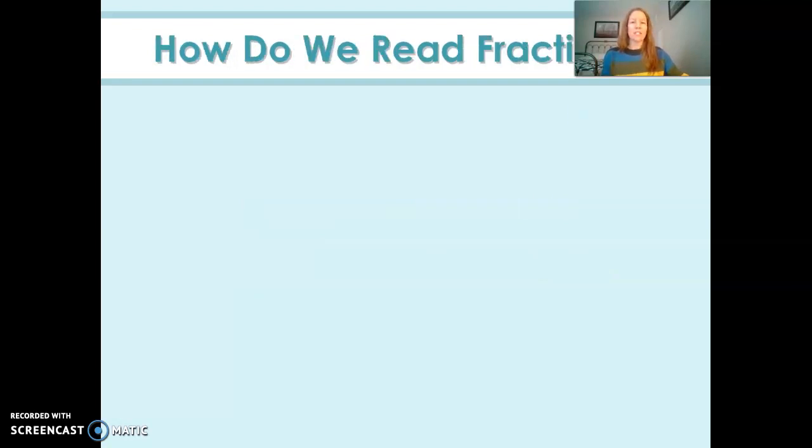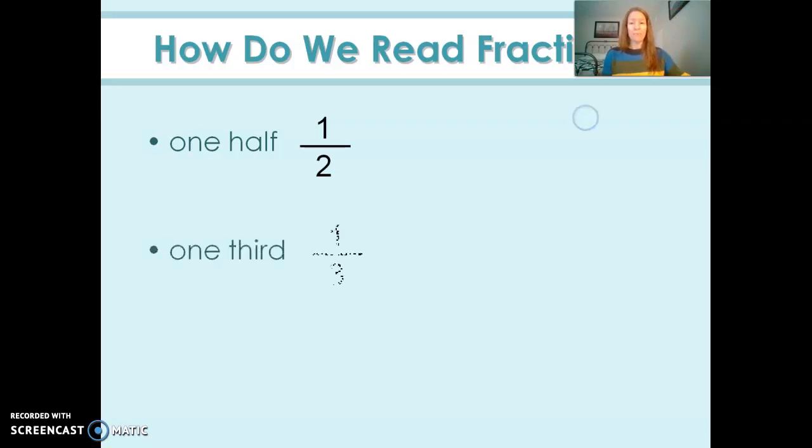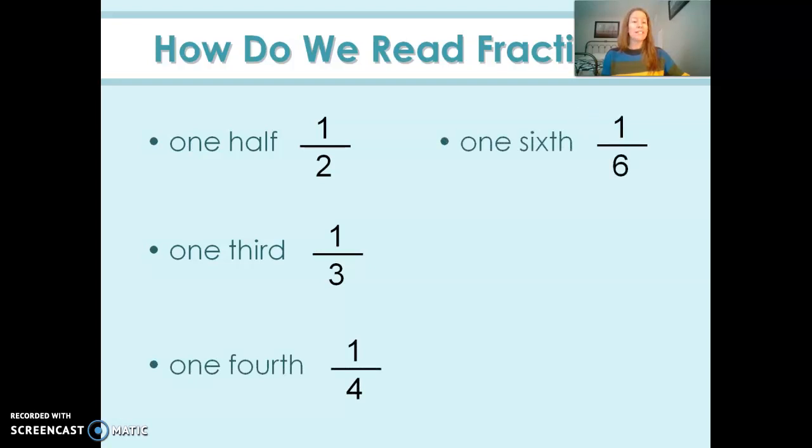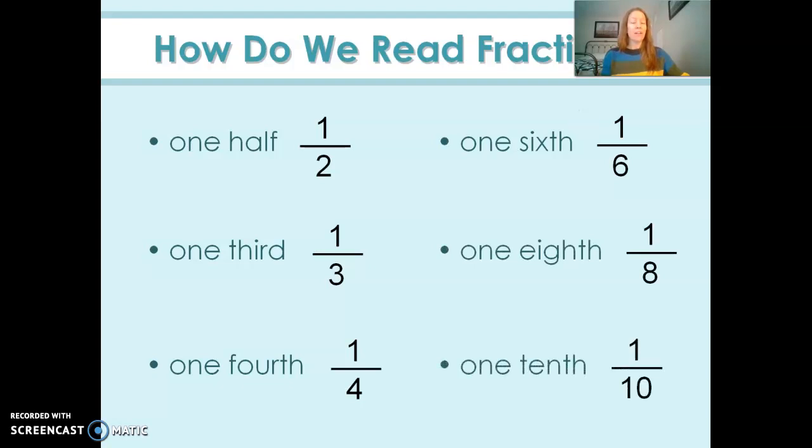How do we read fractions? Well, this is 1/2. So that's something split into 2, one for one person and one for the other. This is 1/3, 1/4, 1/6, 1/8, and 1/10.